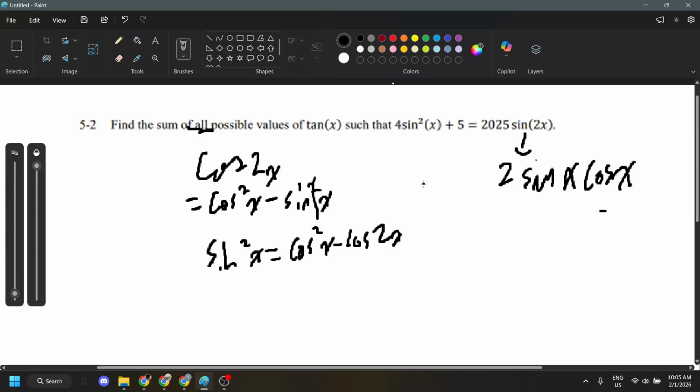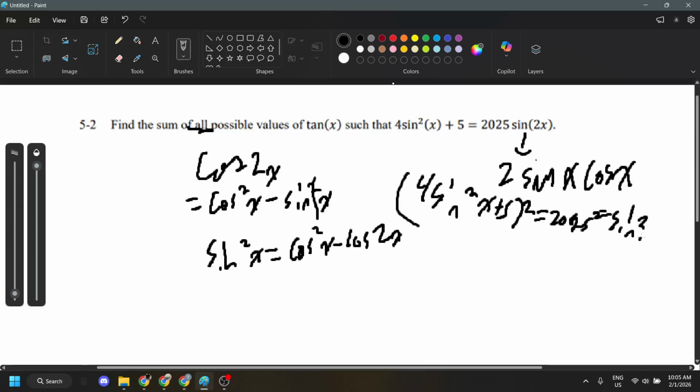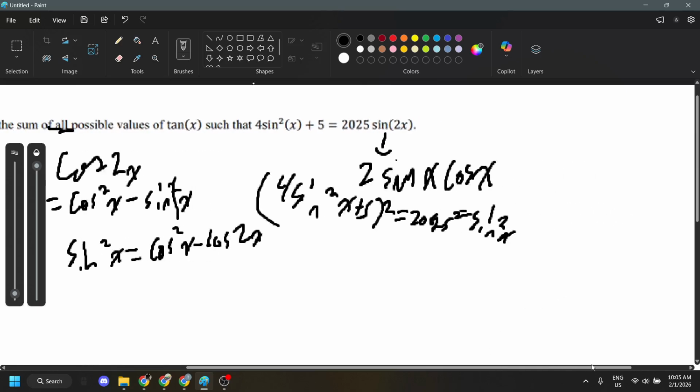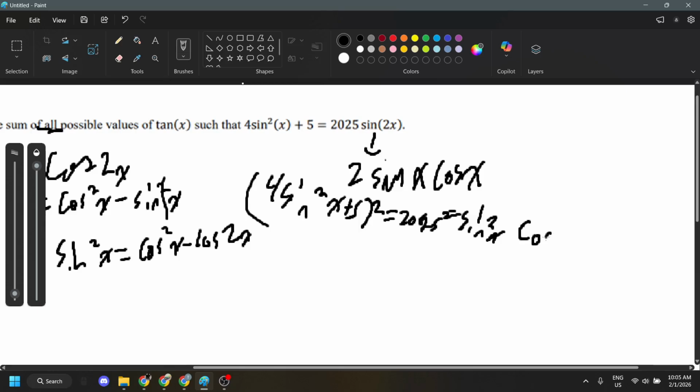So it'd be 4 sine squared x plus 5, squared, is equal to 2025 squared sine squared x times cosine squared x.